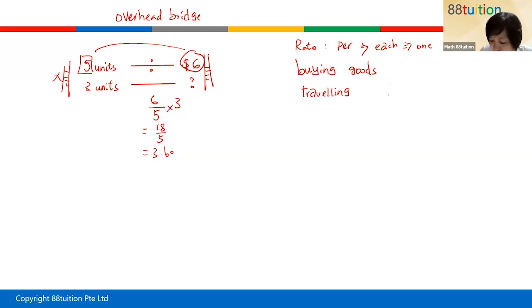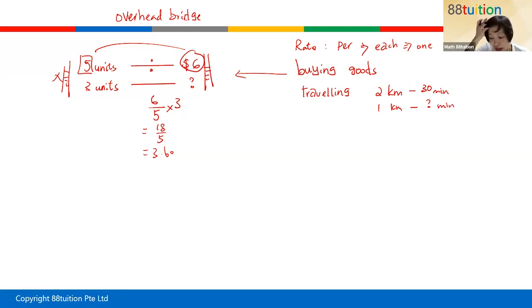Like I can jog 2 kilometers in 30 minutes. This is called rate also, because from here we can calculate, in 1 kilometer, how much you can use up for running. So these are called rate, right? This one is buying goods here. This is traveling here.